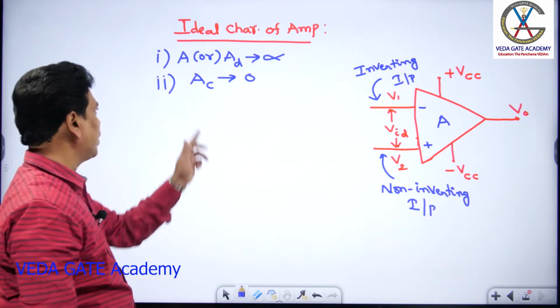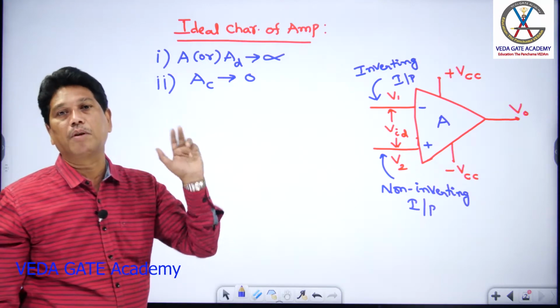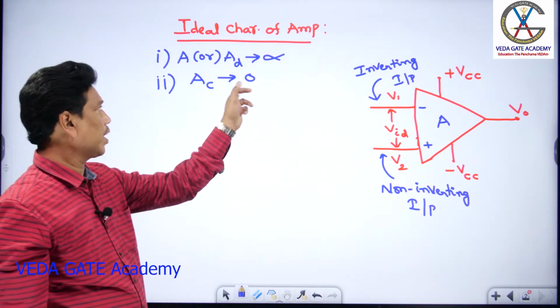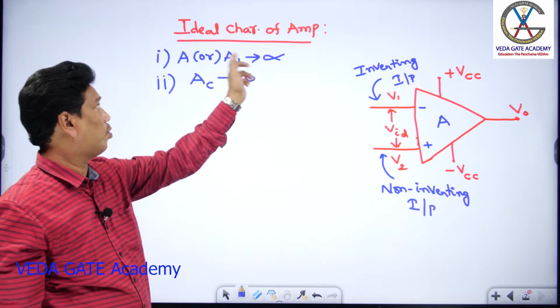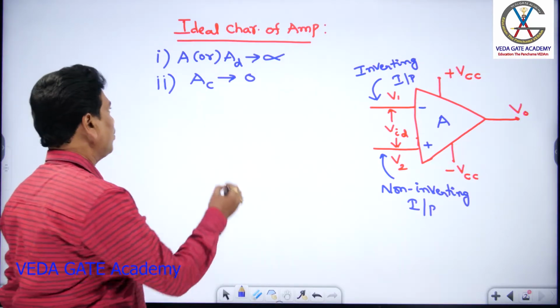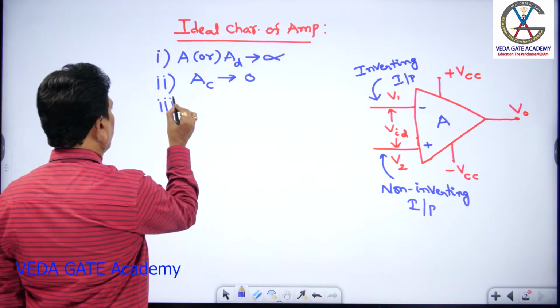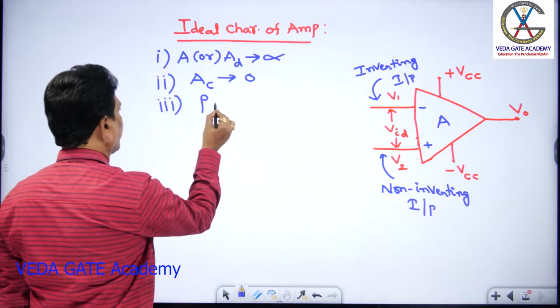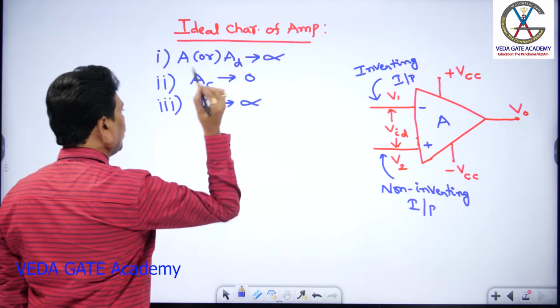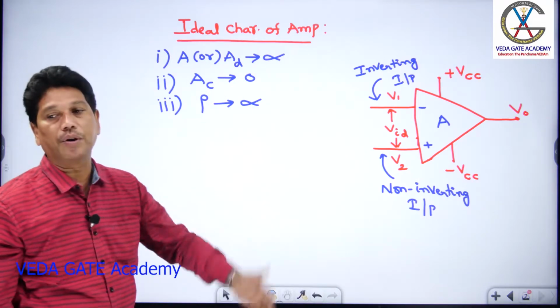These indicate that nothing is obtained from the common mode input signal; any output is only by the differential. These together are indicated by CMRR, as you just checked out: CMRR rho tends to be infinite. So CMRR should be infinite.